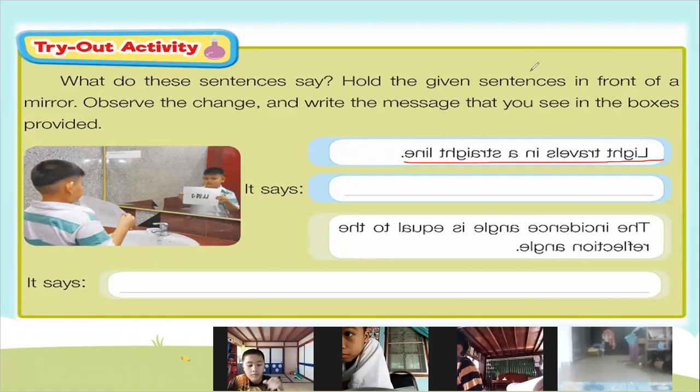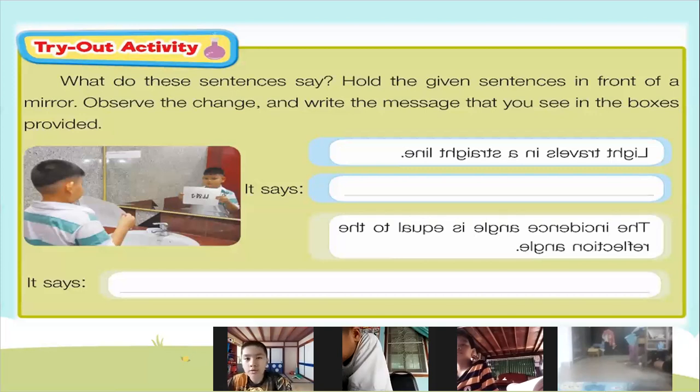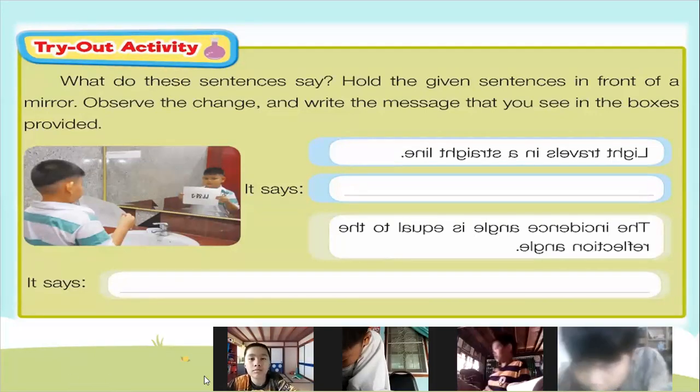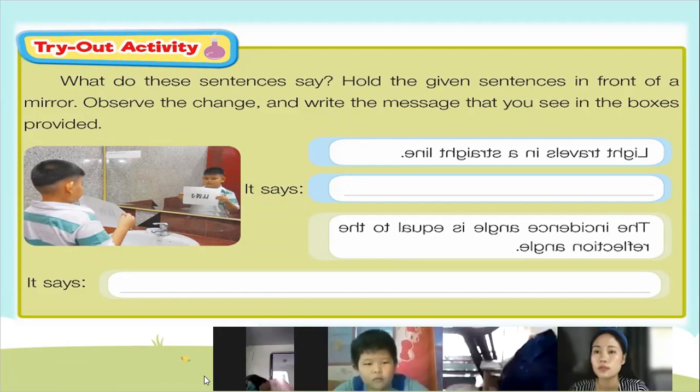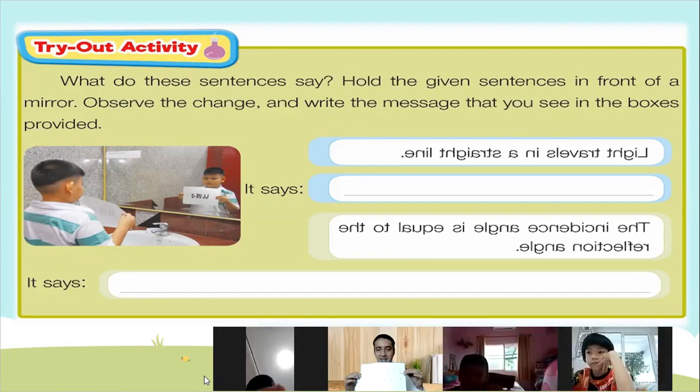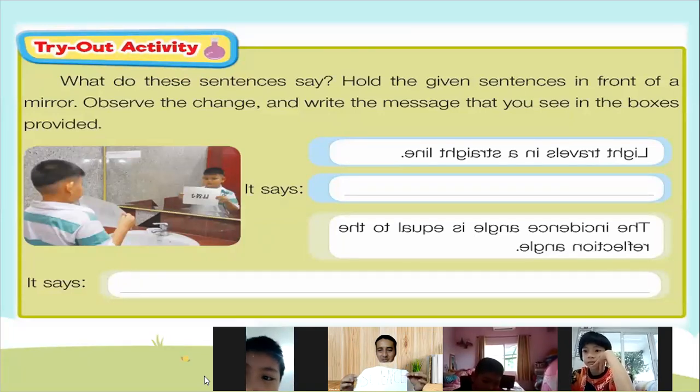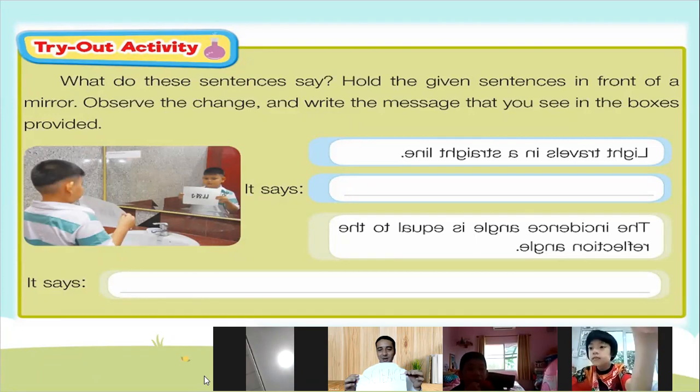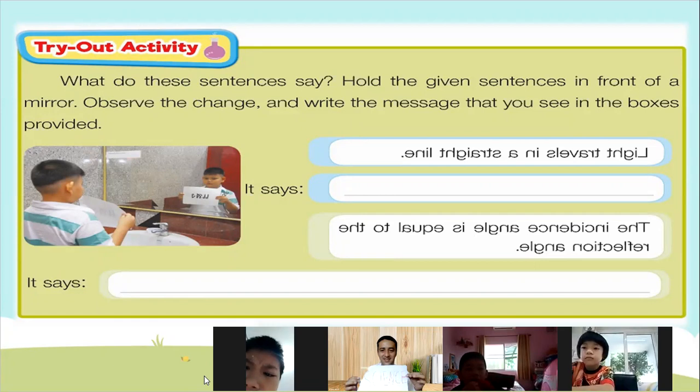Here you can see. Okay, let me ask you. Students, what do you see here? I see the word science. That's very good. Okay, do you see it the right way, or do you see it upside down? Not upside down.